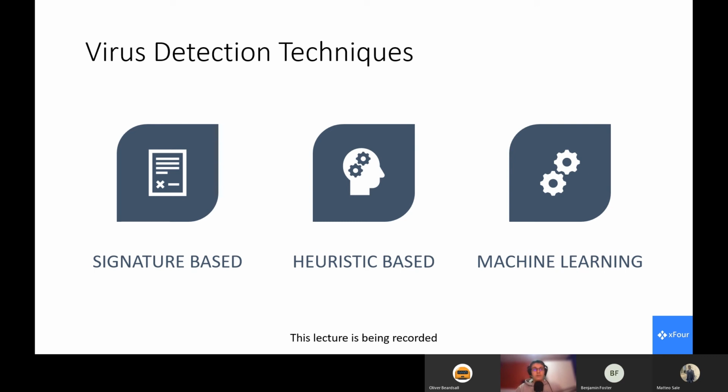Now, one of the most talked about things when we talk about security is how to detect viruses. There are 3 main approaches these days. You have the signature-based. Every single file has a specific signature. It's very complicated to do, but they go through an algorithm and they come out with a signature.